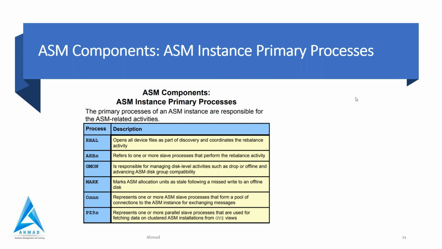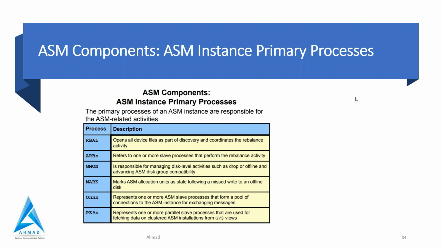So Onnn will exchange the messages in the ASM instance. And PZ9n is a process which represents one or more parallel slave processes that are used for fetching data when ASM is running in a cluster configuration, or more than one running concurrently.